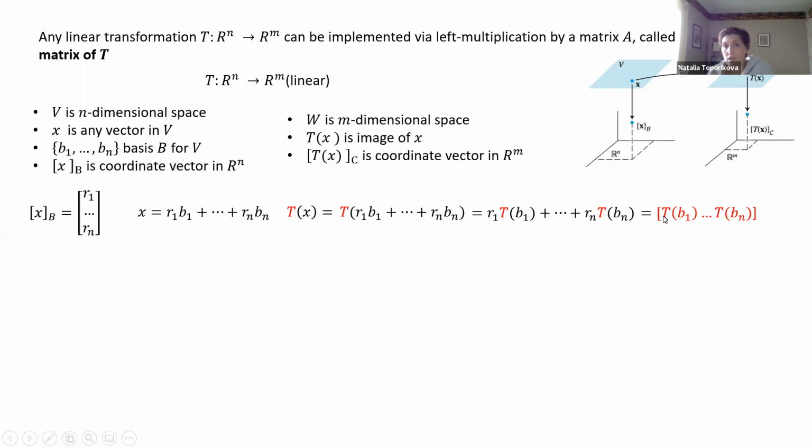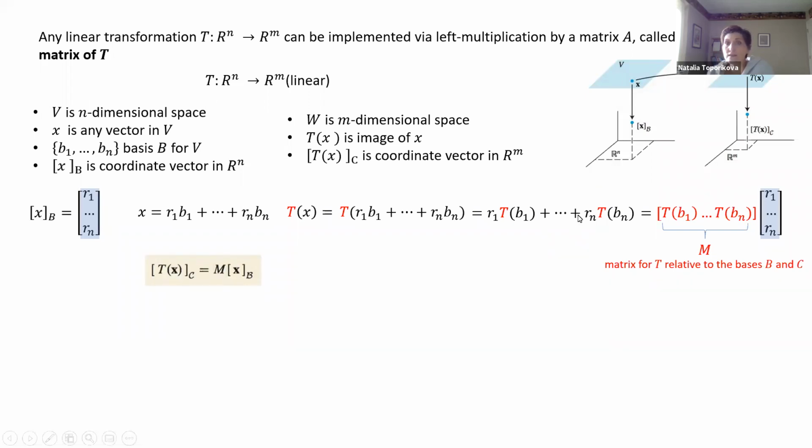We can write it as the product of a matrix, which just consists of the images of our basis vectors, and we will call it matrix M. The long name for matrix M is the matrix for transformation T relative to the bases B and C. This matrix multiplies our coordinate vector in B, which is just a set of numbers r1 to rn.